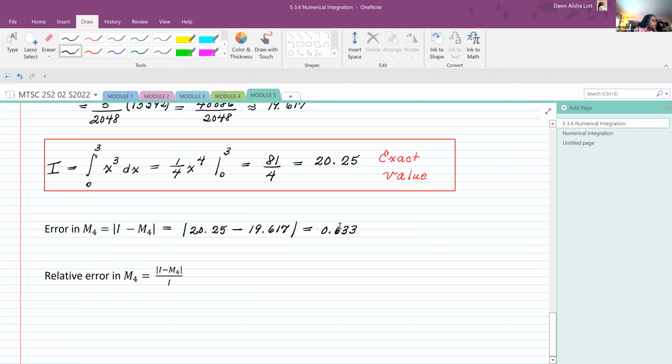All right. Unfortunately, though, the true error doesn't always tell us how bad we are. So let's look at the relative error. The relative error says take the true error, which is 20.25 minus 19.617, and then divide that by the true value.